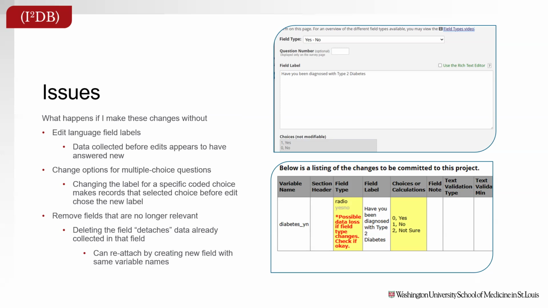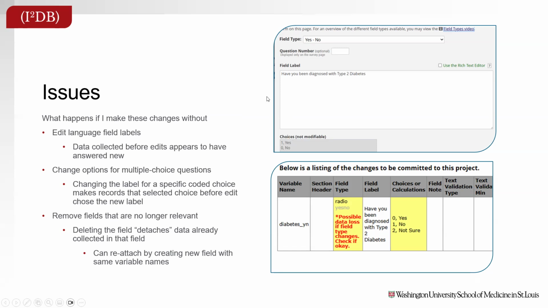We'll go through some examples of that in the demonstration. And if you change the options for multiple choice, or you change the label for a specific coded choice, it may make records look like they selected something that they actually didn't.